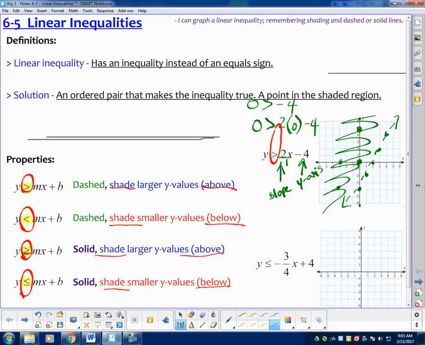Okay, look at the bottom one. Where do I start on this inequality? +4 and put a dot. Please do that now on your paper. Put a dot on 4. Now what? Down 3, it's negative. Down 3 and to the right 4.